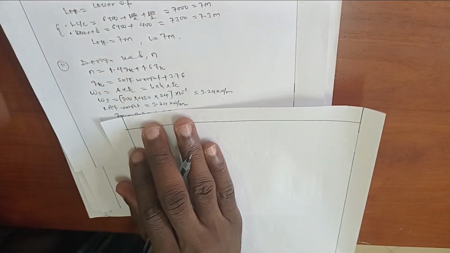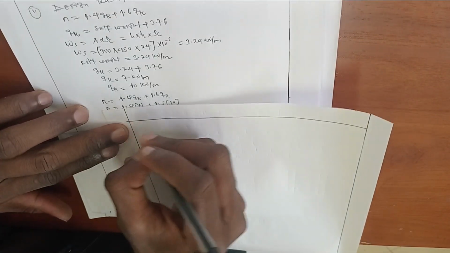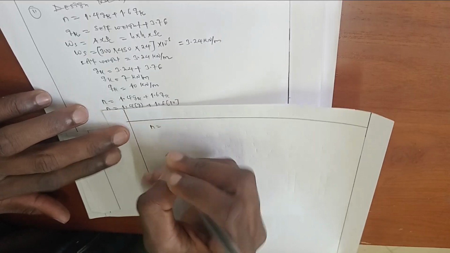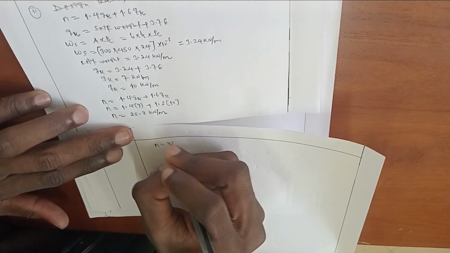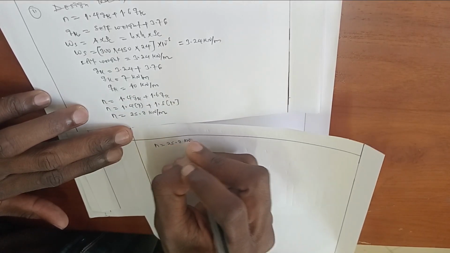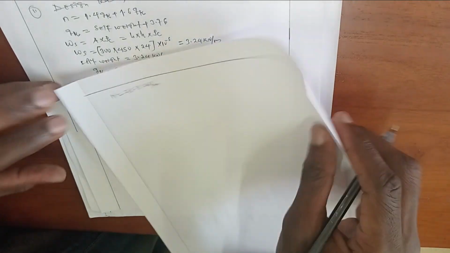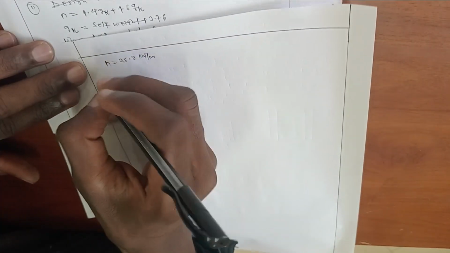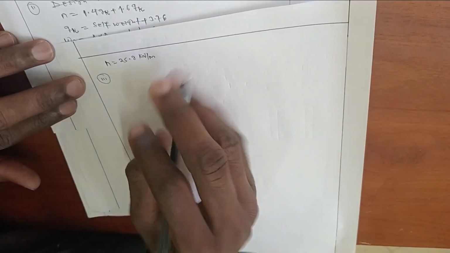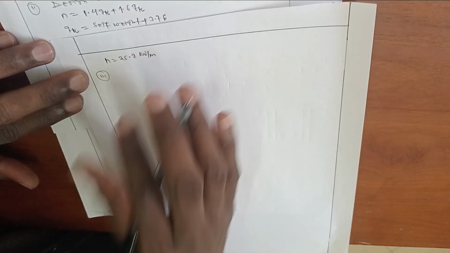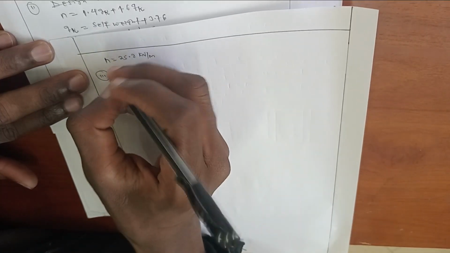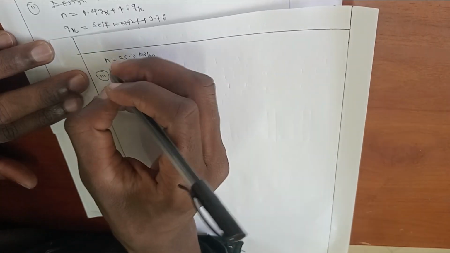Now the next step. The design load we have obtained is 25.8 kilonewton per meter. So the next step is to determine the maximum design moment to be used.